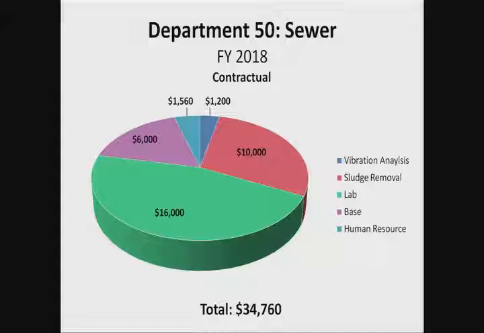The $16,000 is contractuals, basically all the lab fees, sending out the samples for the lab. 10,000 for sludge removal from our plant. Our sludge gets removed and goes to a landfill in Pennsylvania. That's the fee for that. Vibration analysis is at the pump station.